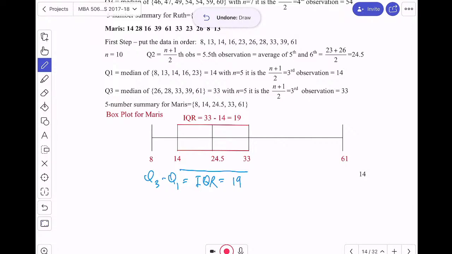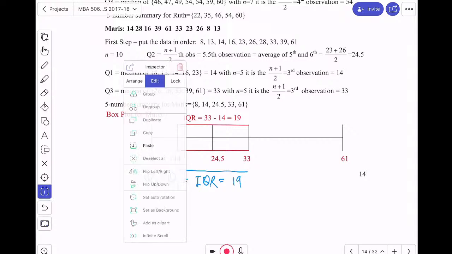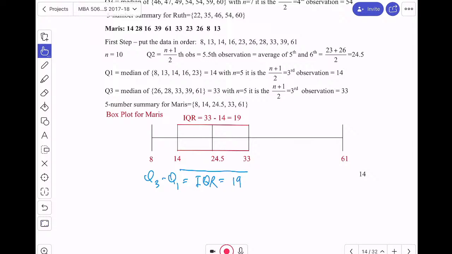And what we want to do is add that same range, so I want to add that same range and a half.